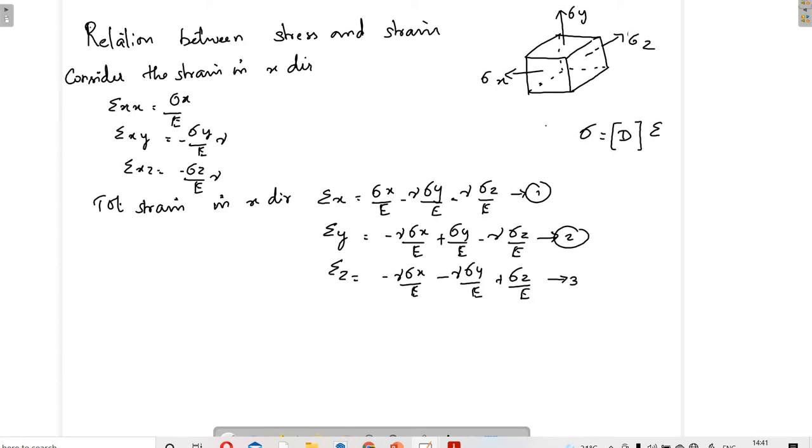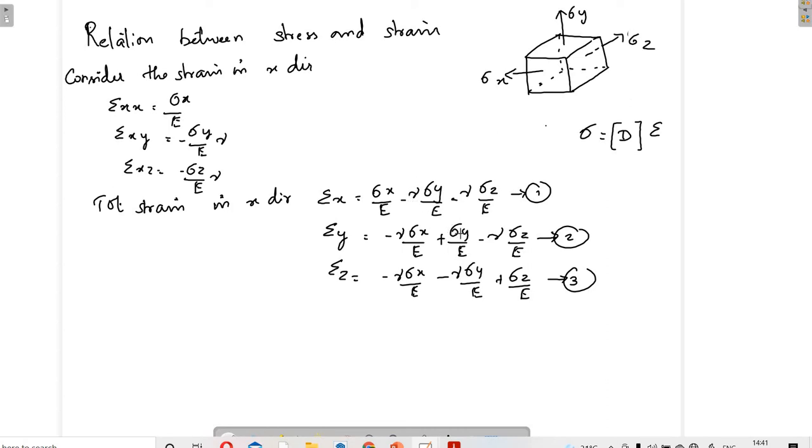is the third equation. So now our idea is to eliminate sigma y and sigma z by analyzing these three equations and coming up with the equation consisting of only sigma x. So now I am taking 1 and 2. Here if you compare the sigma y term, one extra Poisson ratio is there.